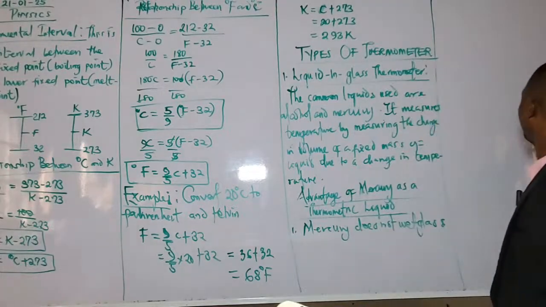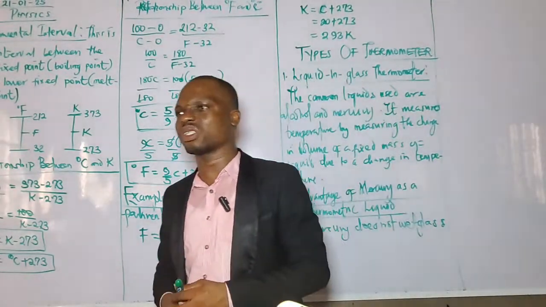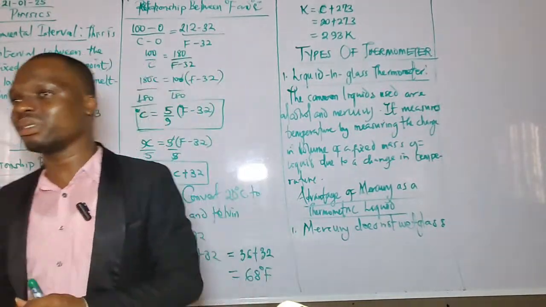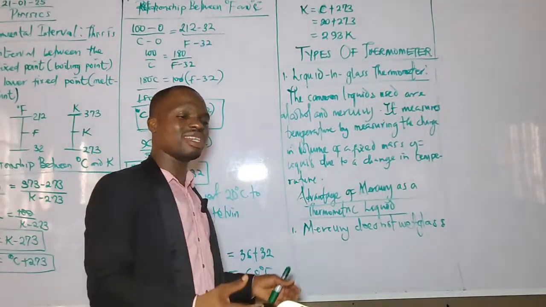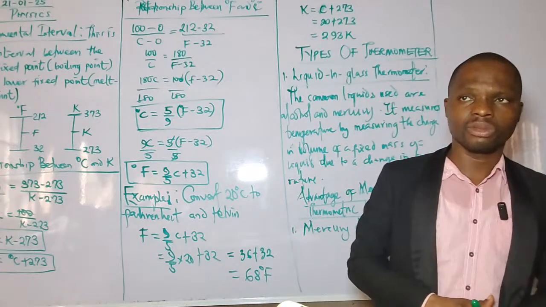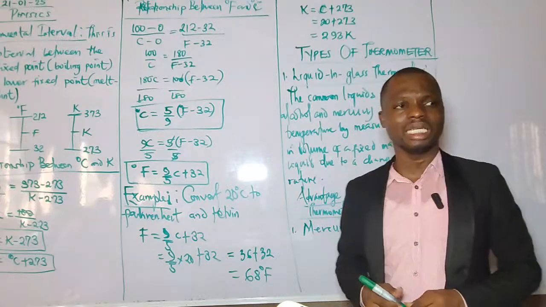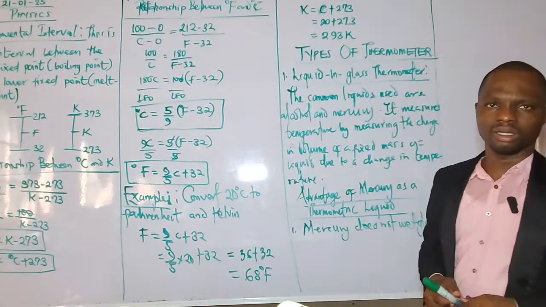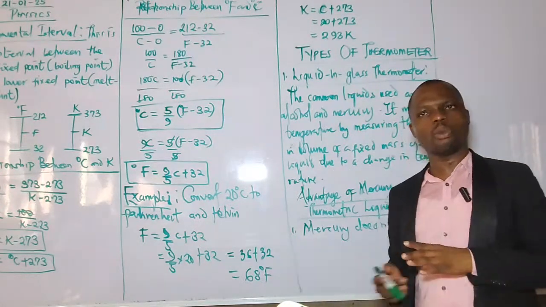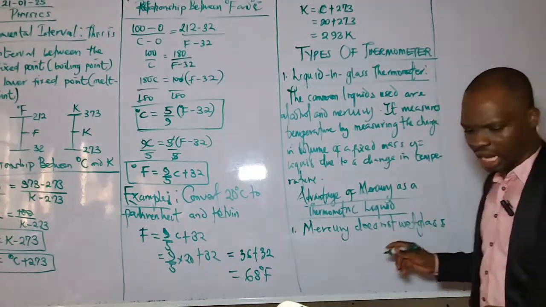If you look at the molecules of mercury, they have more cohesive forces than adhesive forces. And that is the major reason you always see mercury not wetting glass. Unlike water, water has higher adhesive forces than cohesive forces. So it will always stick to the walls of the glass. So mercury does not wet glass.